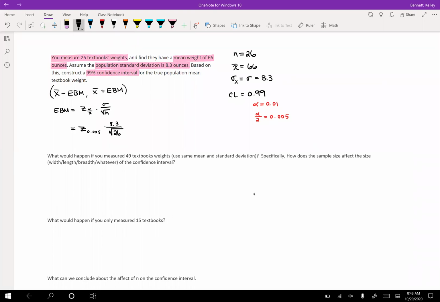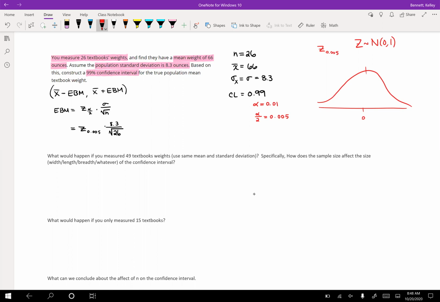And so if you're wondering, what is Z sub 0.005? What you're saying is really you have a normal distribution, like capital Z is a normally distributed random variable with mu 0 and standard deviation 1.